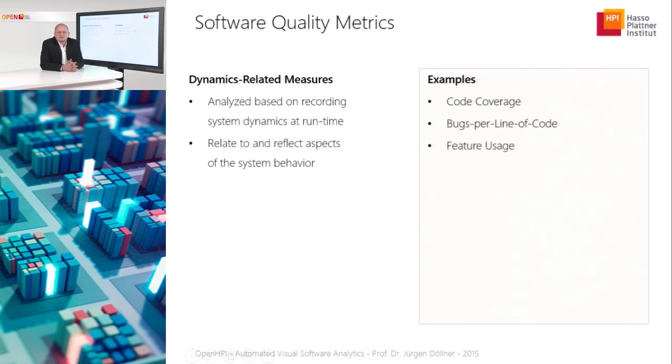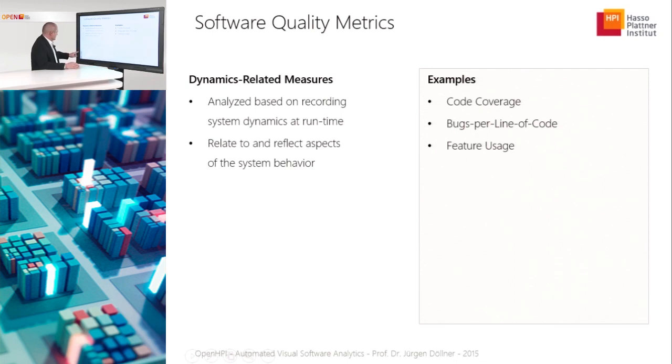They are used to find out which modules are actually used when doing a certain use case, when operating on the system. Examples include metrics for code coverage, or bugs per line of code, or feature usage.